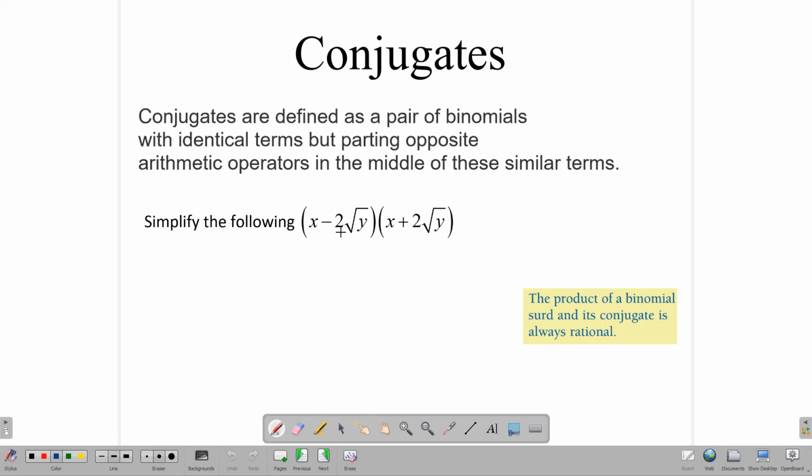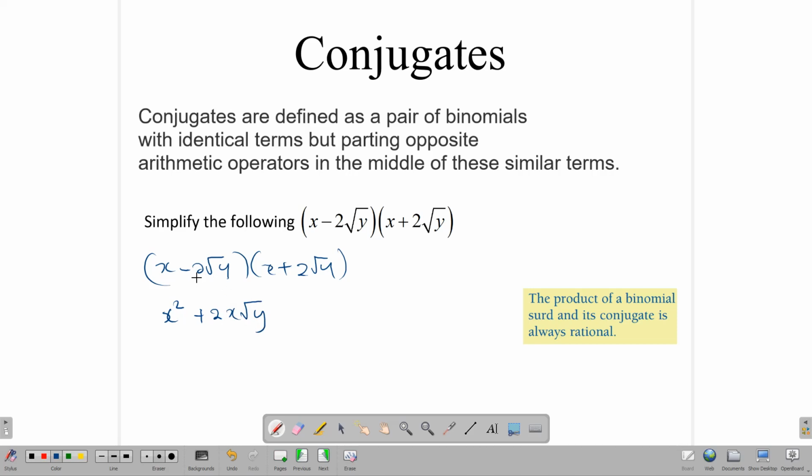Now let's multiply an expression by its conjugate and see what happens. So let's multiply x minus 2 root y by x plus 2 root y. Now x times x gives us x squared. x times 2 root y gives us a plus 2x root y.